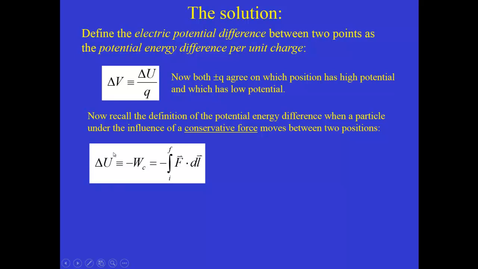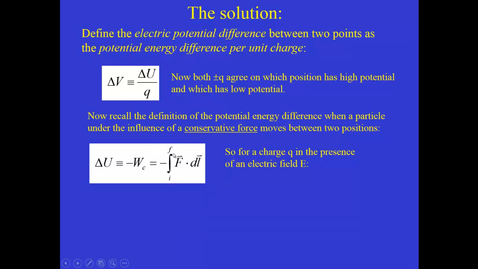We define potential energy as minus the work done by a conservative force when that object moves from an initial to a final point under the influence of a conservative force F. And dl is just the infinitesimal displacement vector along the path. One of the interesting things about this quantity, if we have a conservative force and we can define this potential energy difference, we'll find out that it only depends on the initial and the final position, and not the specific path that takes us from one to the other.